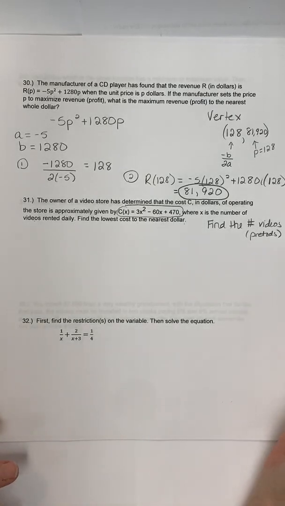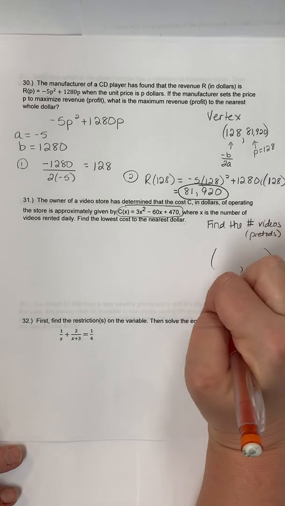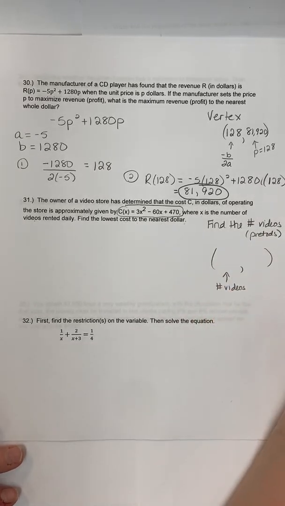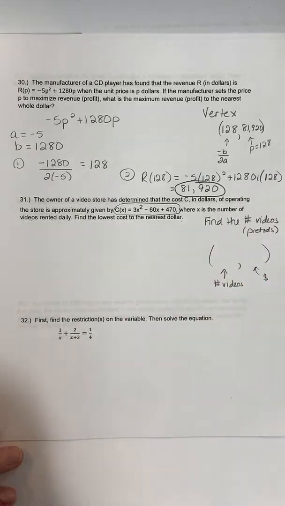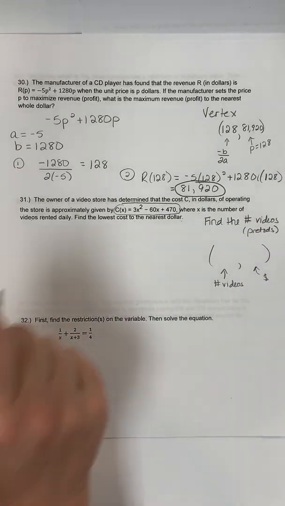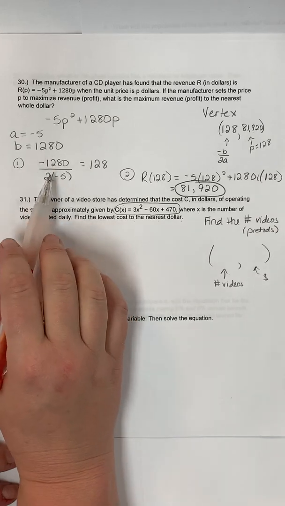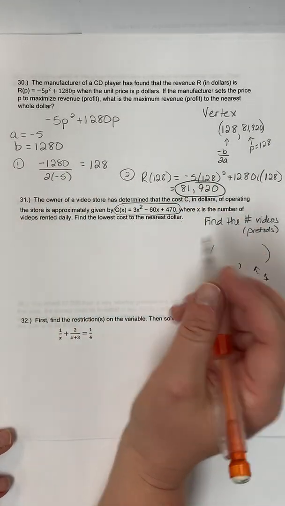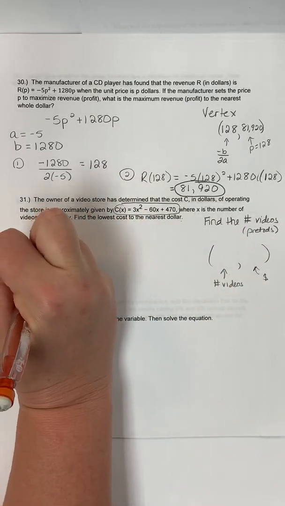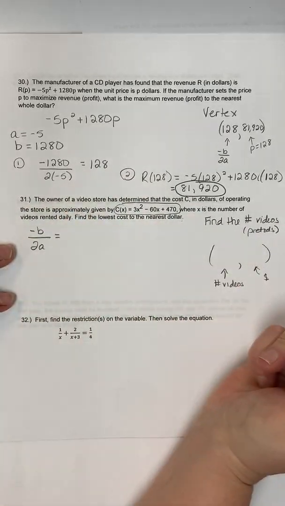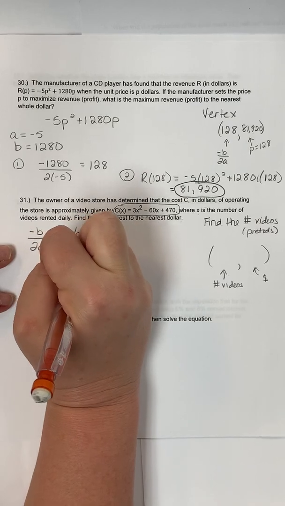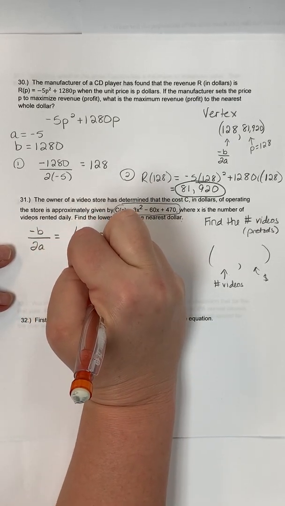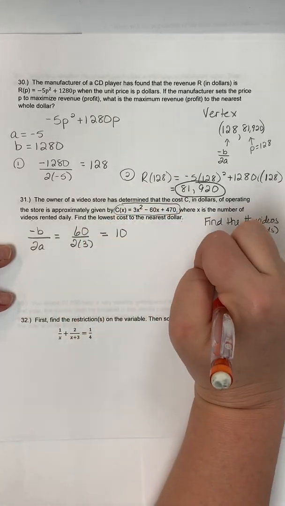Again, this is a vertex. This is going to be the number of videos or pretzels. This is going to be the money. And you're still going to have to use the opposite of B over 2A to find this. So the opposite of B over 2A is going to be a positive 60 over 2 times 3. That's going to end up being 10.